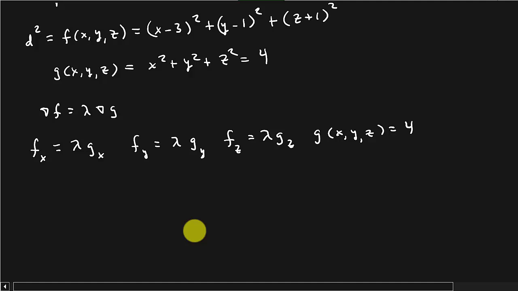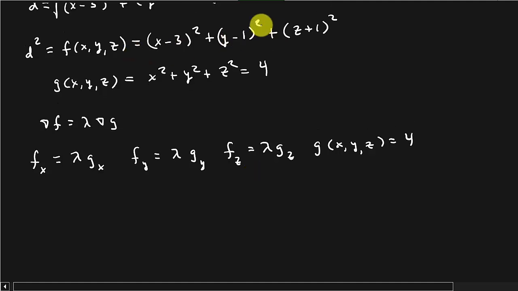So if I do the partial of f with respect to x, this term and this term go to 0. They don't have an x value. And this is just chain rule. So I've got 2 times x minus 3 is equal to lambda times 2x, or you can put 2x lambda, it doesn't matter. And then the partial of f with respect to y, that's 0, that's 0.